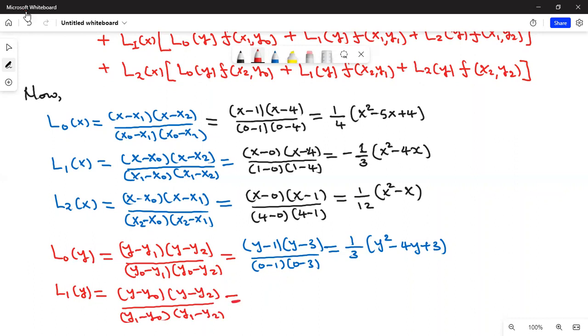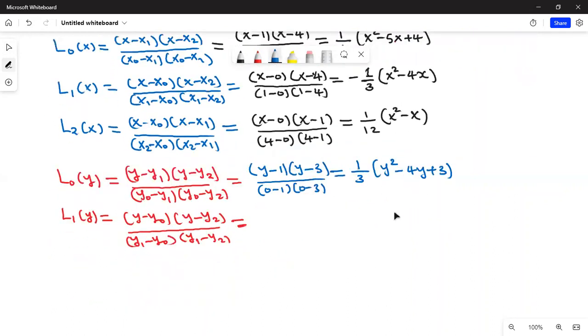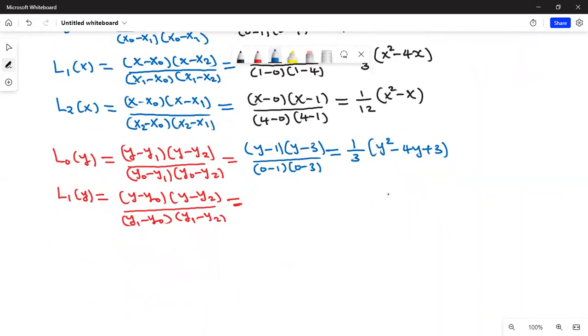So this is the same as writing, if I'm substituting y0, y2 and even y1, y minus 0 times y minus 3 over 1 minus 0 times 1 minus 3. And so when you work it out, you're going to get negative 1 over 2 times y squared minus 3y.